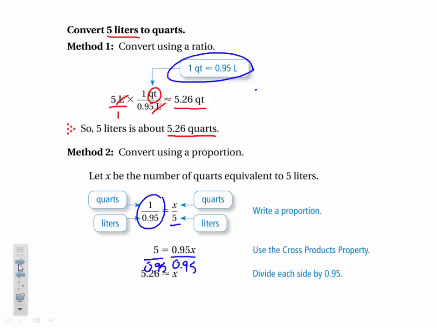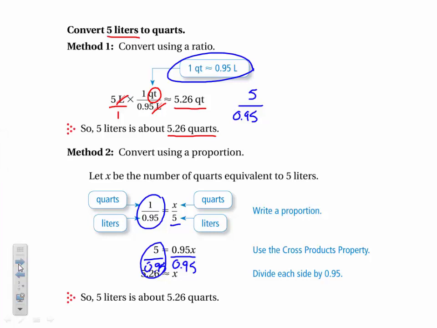When we multiplied our numerator and our denominator, we had 5 over 0.95, and we have the same thing here when we did our cross products. So no matter which method you use, you will get the final ratio that you need to do your math with to find the answer. Again, your answer is about 5.26 quarts.